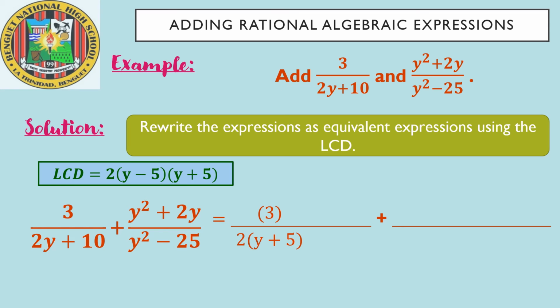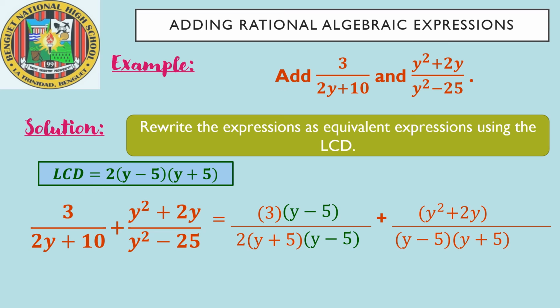Looking at the denominator of the first RAE, we see that the factor that will complete the LCD is y minus 5. Therefore, we multiply y minus 5 to the denominator and the numerator. Next, let's take a look at the second RAE.